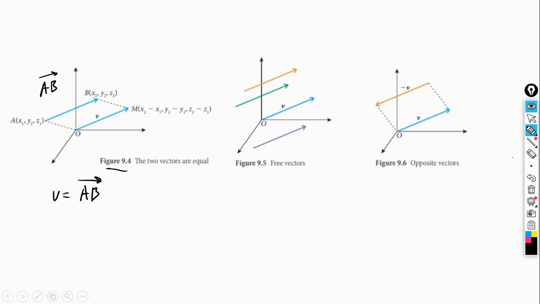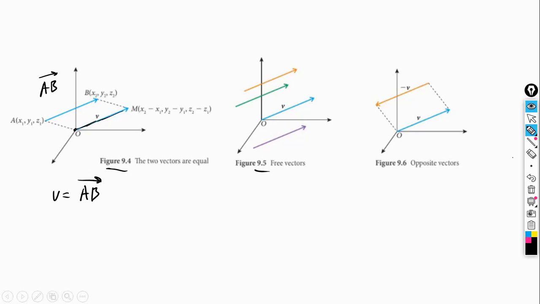In figure 9.5, we see four vectors that are equal, although they are in different positions. Because vectors are not affected by translations, the initial point of a vector v can be moved to any convenient position by making an appropriate translation. You can see that vector v has its initial point at the origin, which is something very convenient, as we are going to see later.